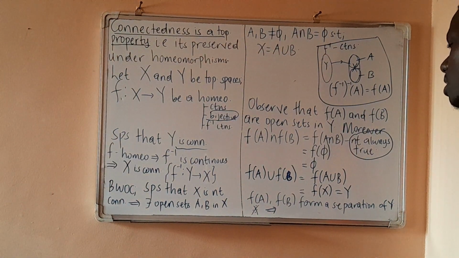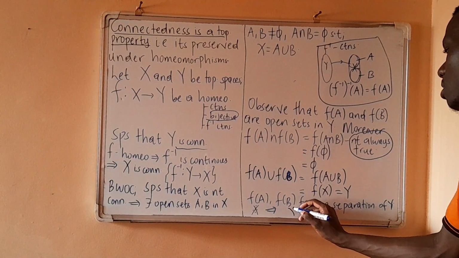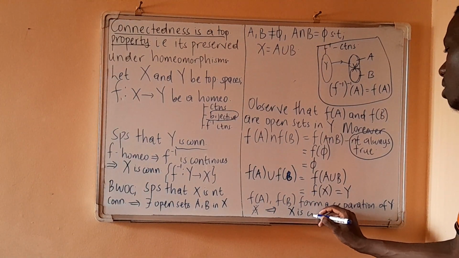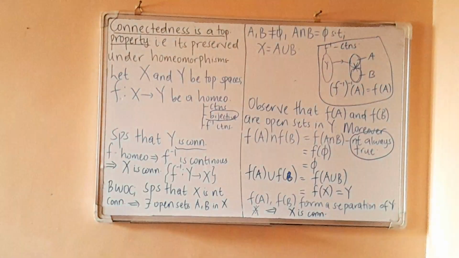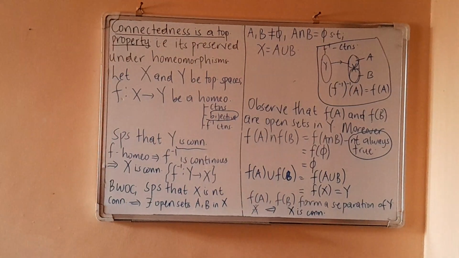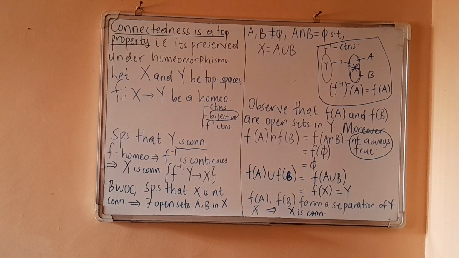So this implies that X is connected. So connectedness is a topological property which is preserved under homeomorphisms.